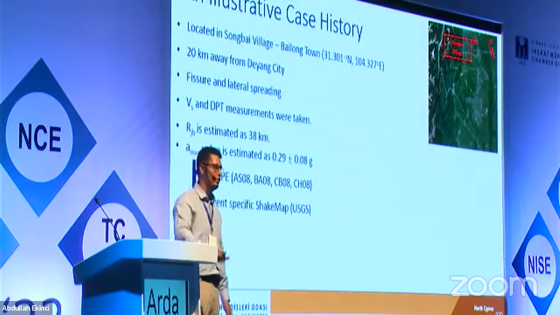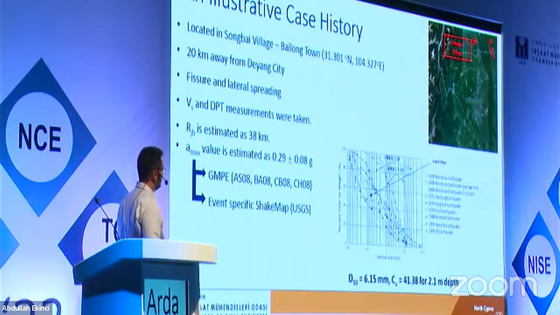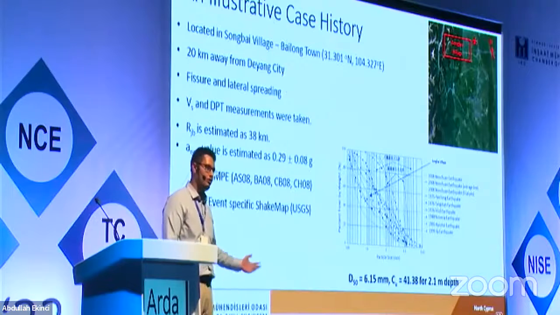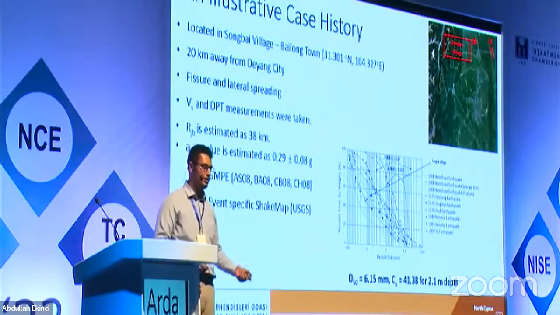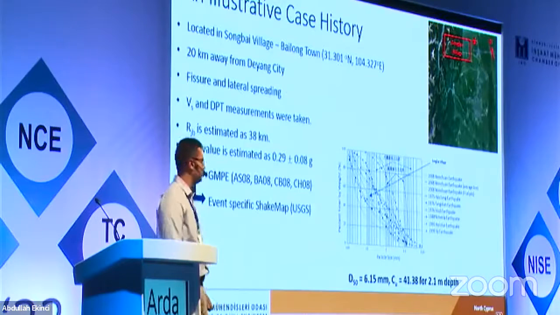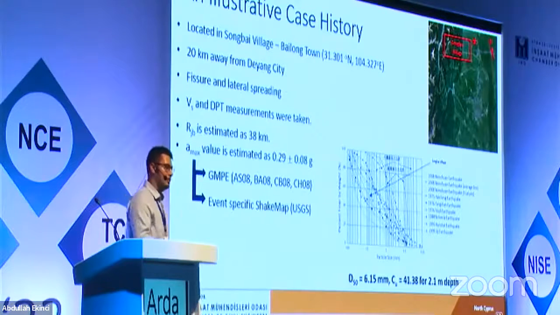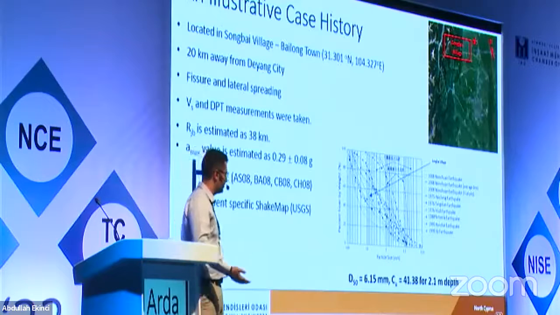By using both of these, I estimated a PGA of 0.429 g. Also for this site, there exists a gradation curve for the relevant critical layer. I will come to the critical layer part, and as you can see, the D50 value is around 6.16 millimeters, which shows that we have a gravel content higher than 50%.